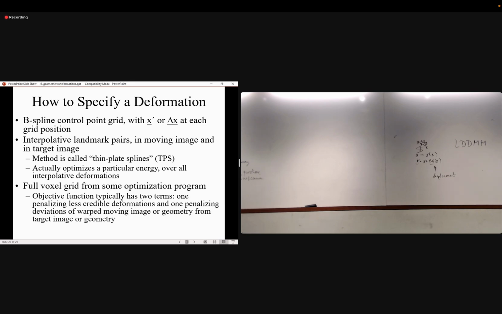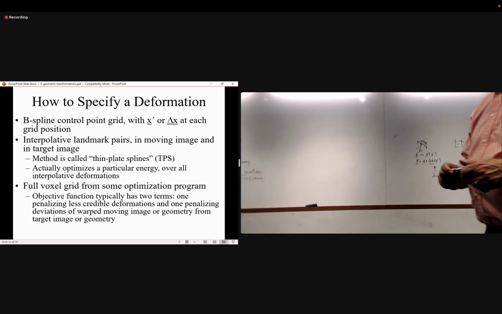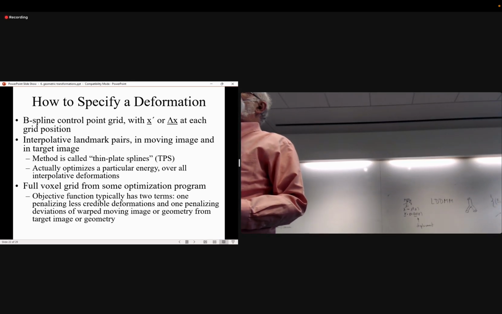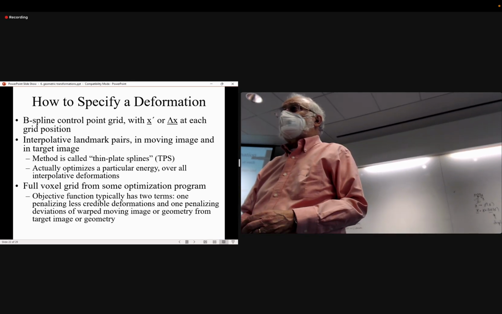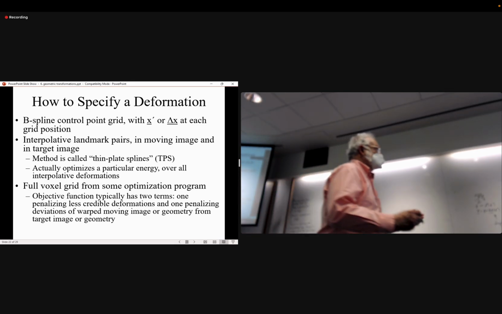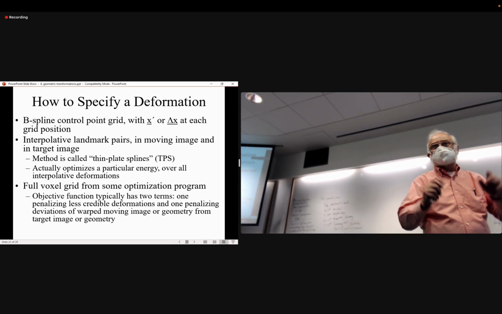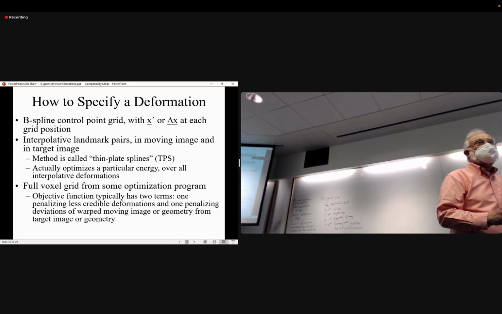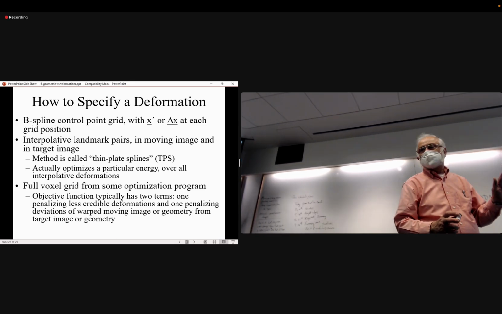And the beauty of this particular method is that when you write down that problem, that minimum turns out to involve solving a set of linear equations. Okay, and we know that's a pretty quick thing to be able to do. And so computationally, it's beautiful.